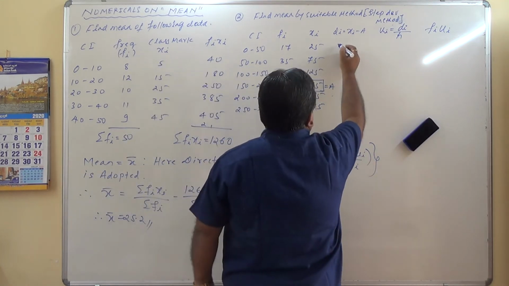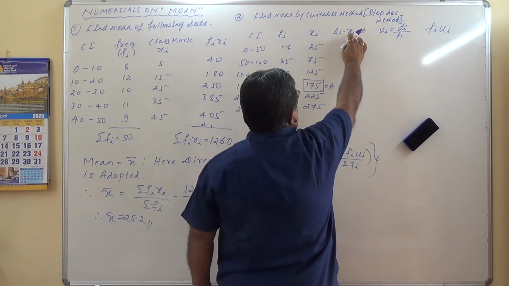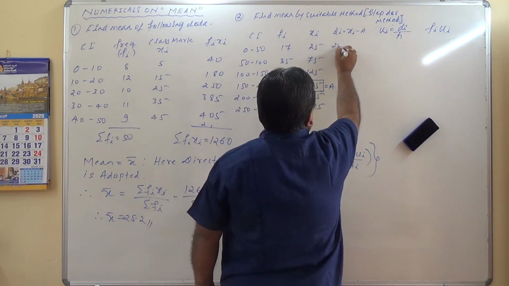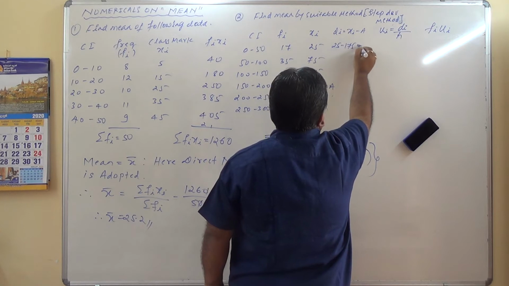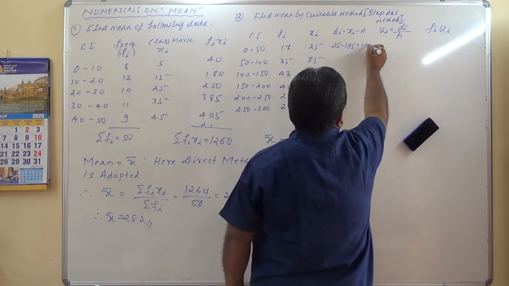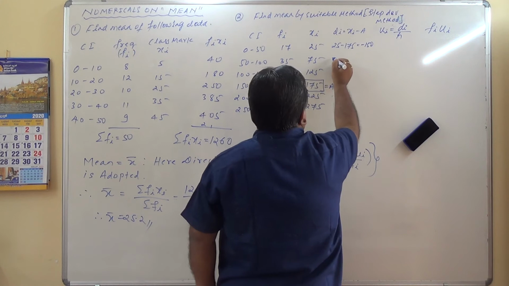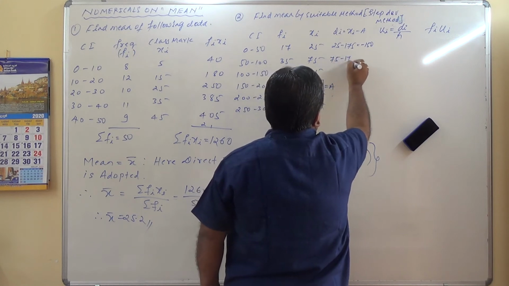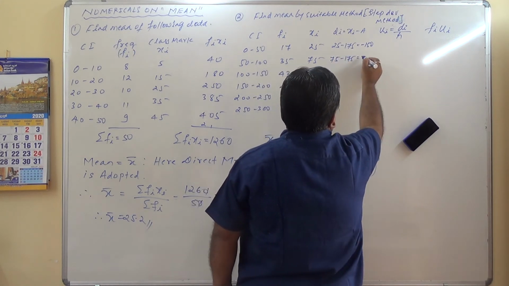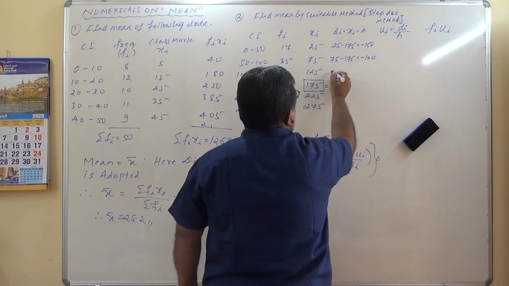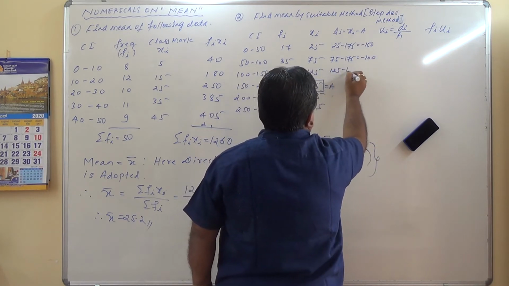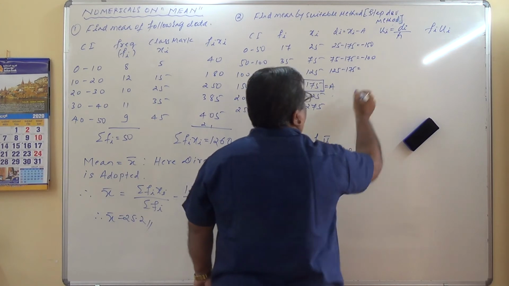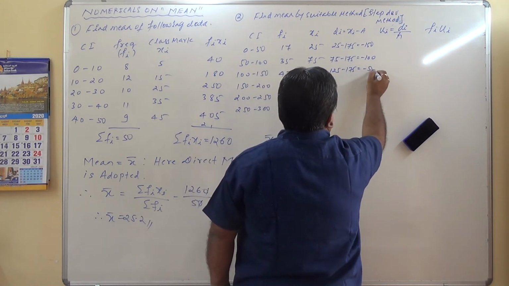So it is preferable to write these values as xi minus A: 25 minus 175 which is minus 150, then 75 minus 175 which is minus 100, 125 minus 175 which is minus 50.